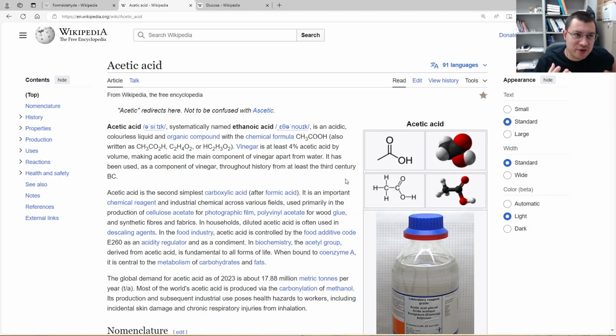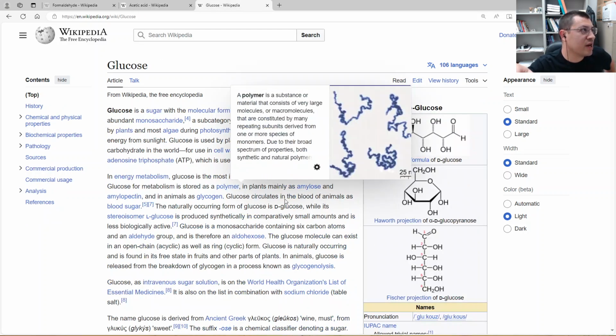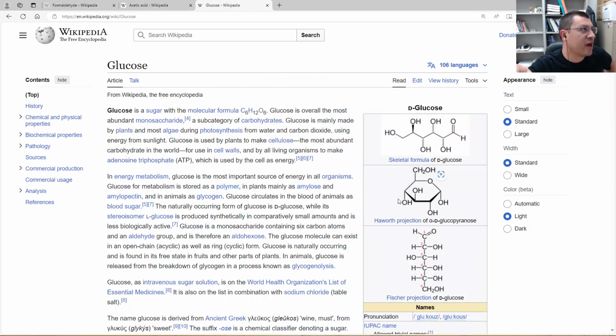Again, the real reality is its original molecular formula. 2 carbons, 4 hydrogens, 2 oxygens. How about glucose? It depends on if it's dissolved in water or not, whether you have this cyclical structure versus this structure here. But you count up the carbons, you have 6. You count up the hydrogens, 12, and you count up the oxygens, 6. So again, the real chemical formula is the molecular formula.